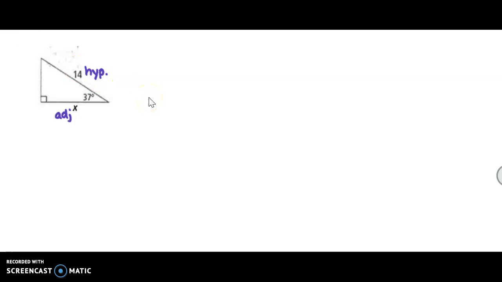In this example here, take a look at what we have. From the angle 37, adjacent and hypotenuse, so we ask which trig ratio deals with adjacent and hypotenuse. All right, going back a few slides, that's cosine. All right, so here's my setup. Cosine of 37 is equal to adjacent x over 14, the hypotenuse.